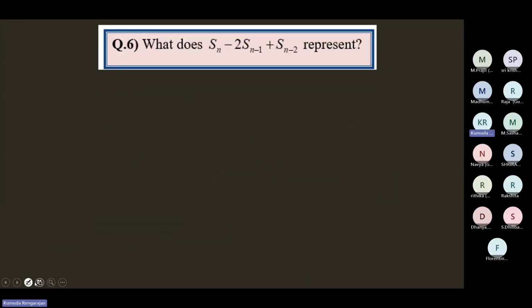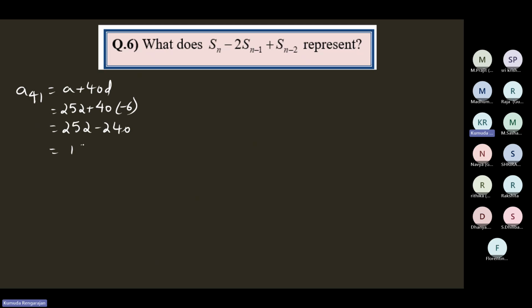Okay, so now next we have to find A41. A41 is equal to A plus 40D. So 252 plus 40 into minus 6. 252 minus 240, 12.